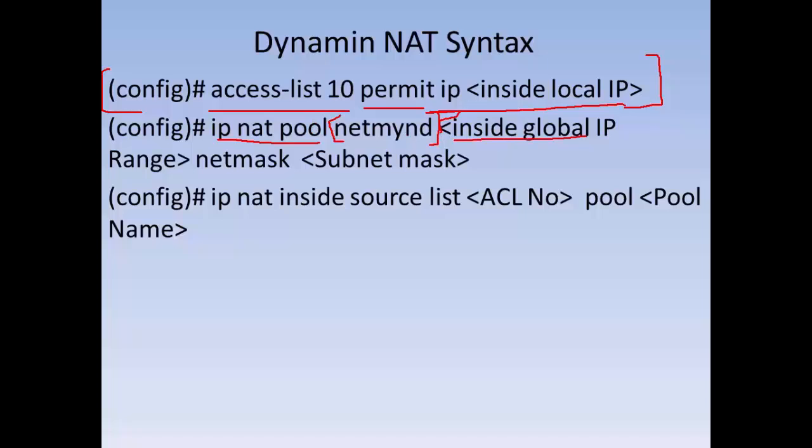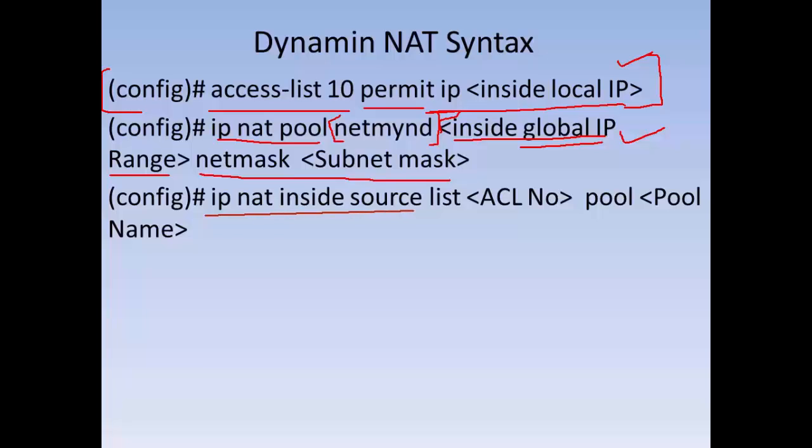Here you can see the inside global IP range. Suppose I have purchased two IPs like 200.10.10.1 to 2, and after that its subnet mask. So I have the inside local and the inside global IP series. Now I need to bind them together.